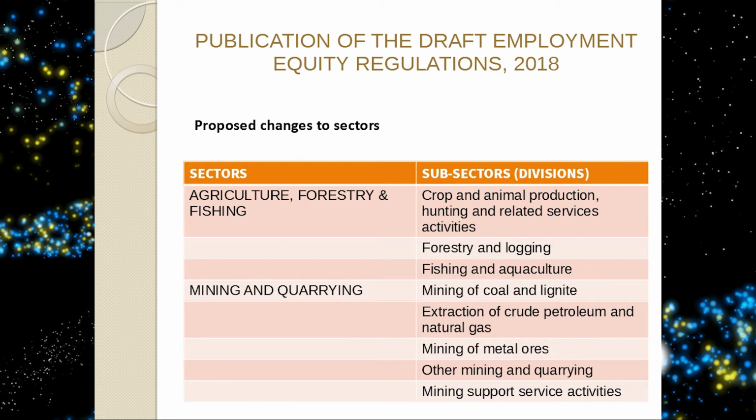And then the DoEL will also introduce subsectors: crop and animal production, forestry and logging, fishing, aquaculture, etc. Then you have mining and quarrying, and you have subsectors. Manufacturing with subsectors. I did email this presentation to each of the attendees attending here today. You can go through it. You will see it's quite an exhaustive list that will be amended, or that we believe will be amended, pertaining to sectors, additional sectors that will be introduced, and subsectors and or divisions that will be introduced.